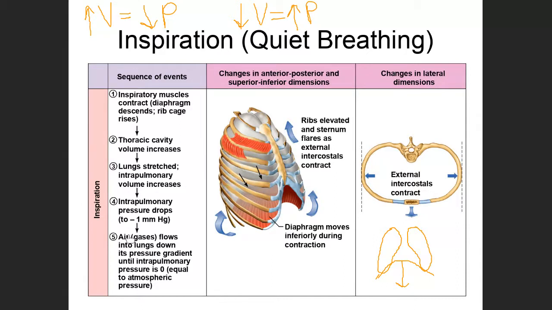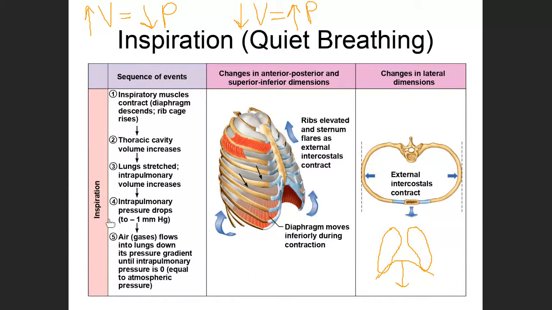What we need to do with the lungs is increase the volume just enough to drop the pressure about 1 millimeter of mercury below atmospheric pressure. So if you're walking on the coast, atmospheric pressure is 760, and we need to increase the volume of the thoracic cavity and lungs just enough to make the intrapulmonary pressure 759.